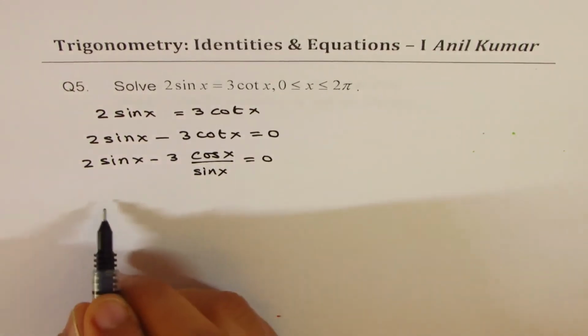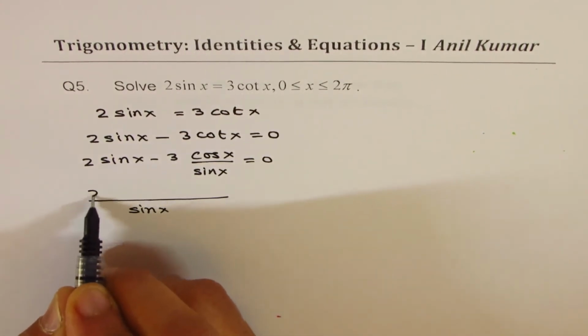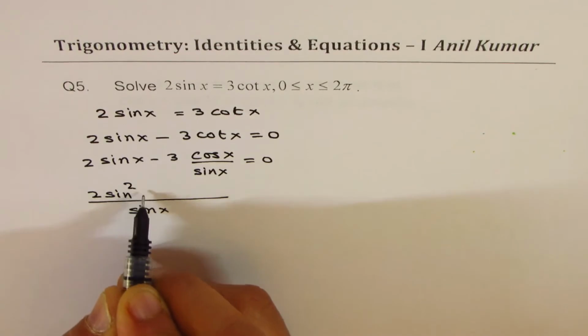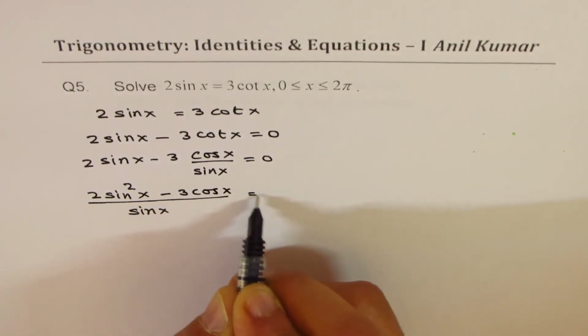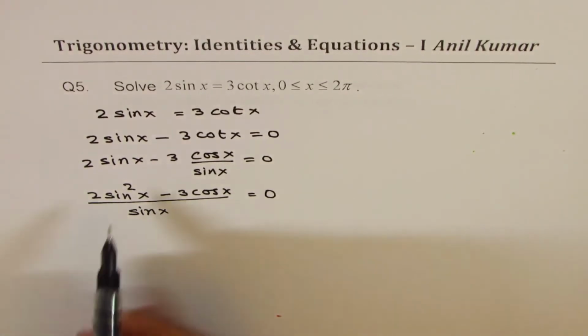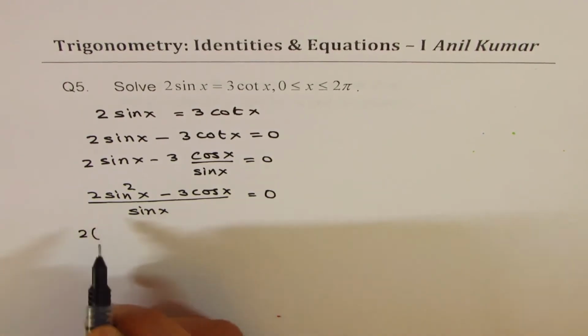So we get 2 sin x minus 3 cos x over sin x equals 0. Common denominator could be taken as sin x. So we get 2 sin square x minus 3 cos x equals 0. Let's write sin square x in cos square x so that we get a quadratic equation in cos.